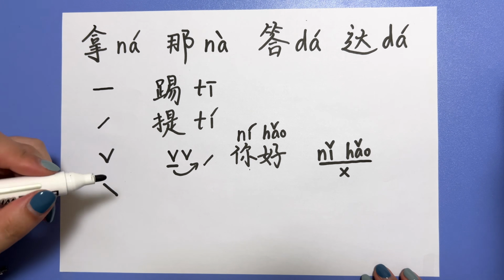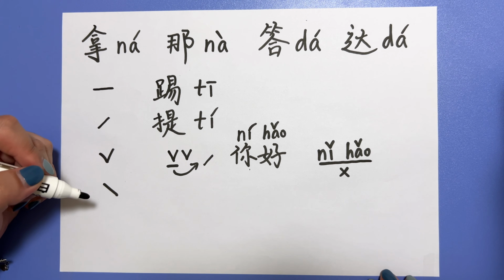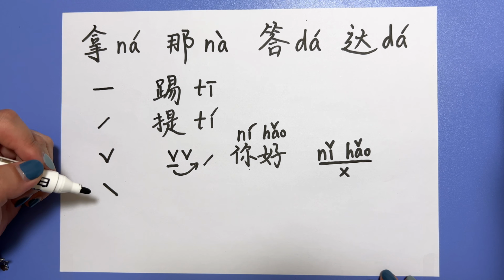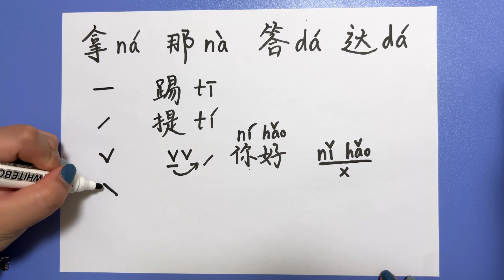now let's learn the fourth tone. The fourth tone is a falling tone from a high pitch to a low pitch.